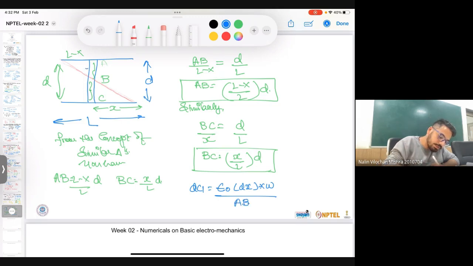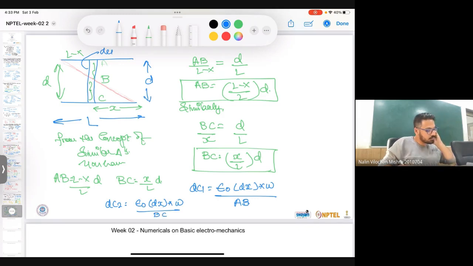This is dC1 basically, and dC2 can be written as epsilon naught times dx multiplied with w by the distance BC.